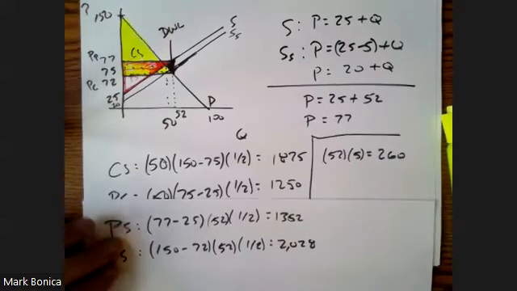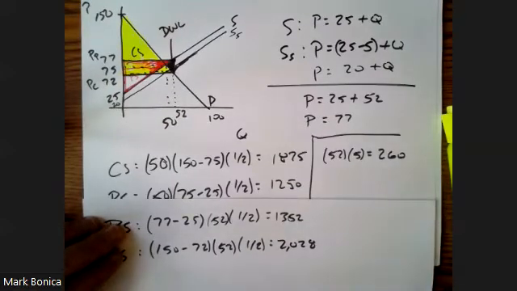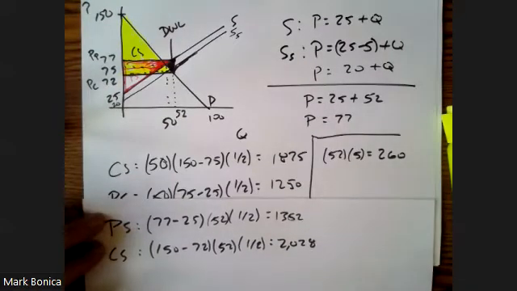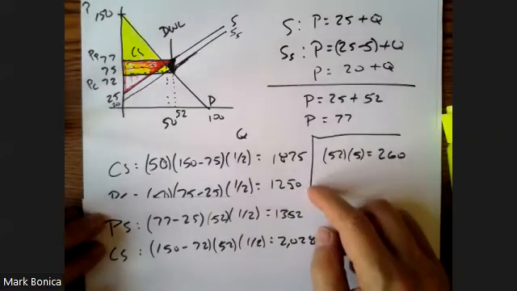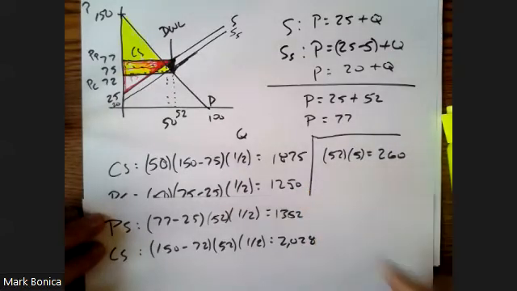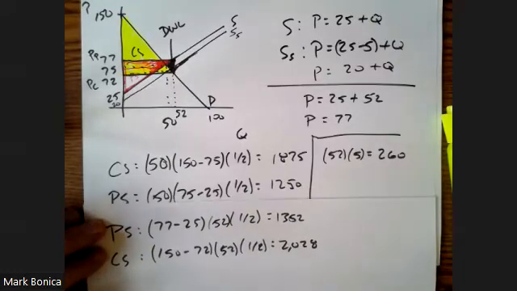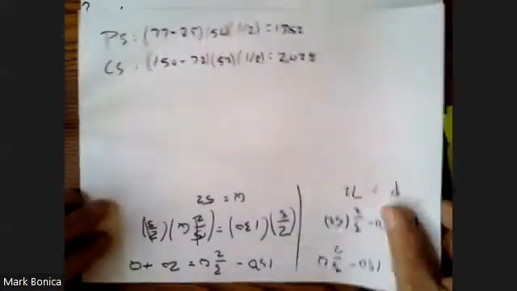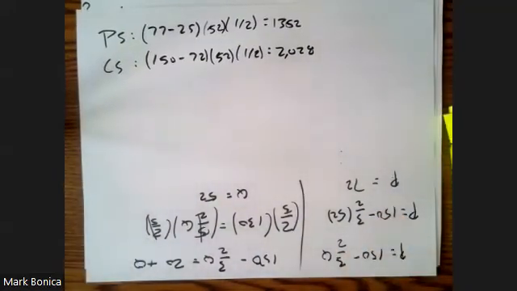So, as opposed to 1250, right? So, okay. Dead weight loss, subsidy.